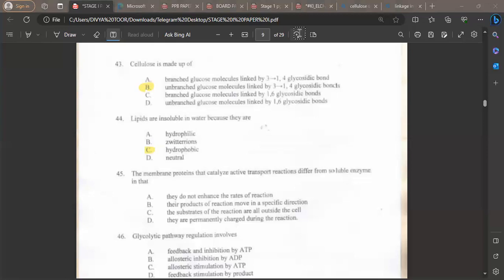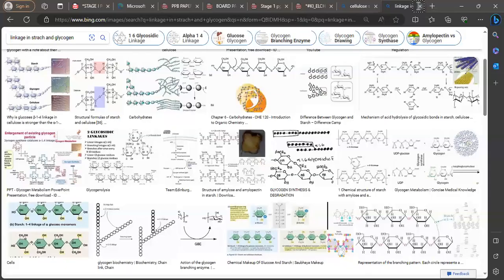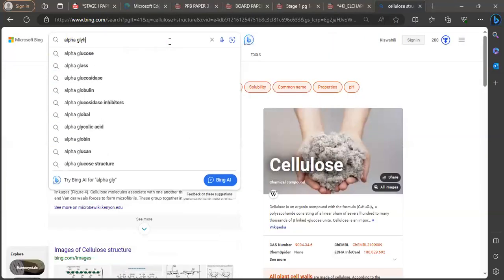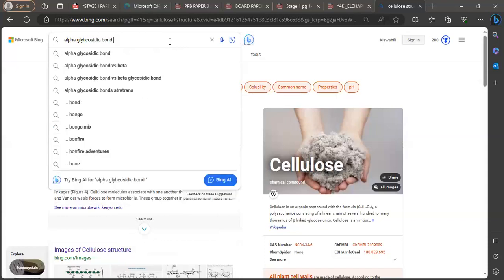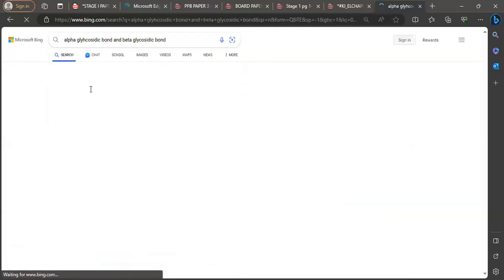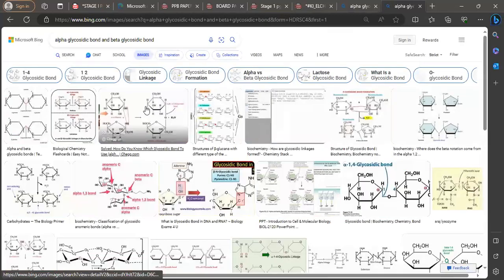Okay. Divya, can you display a diagram of an alpha glycosidic bond versus a beta glycosidic bond, so we're able to match the explanation to an example and understand it more. Like the beta, it's directly upwards of the anomeric carbon. And then the alpha, it's below the anomeric carbon.